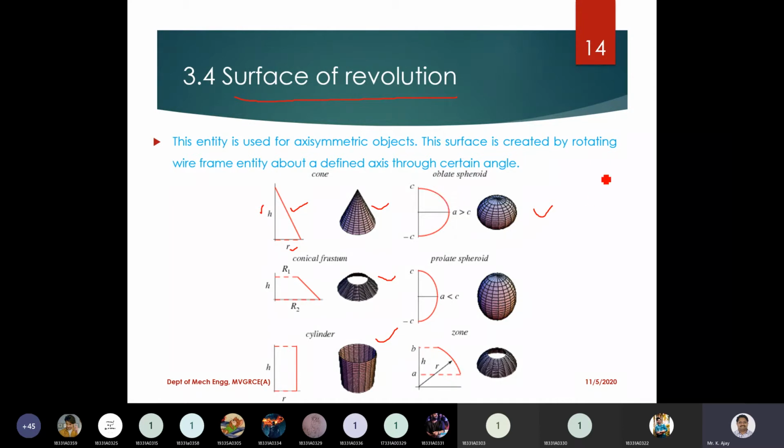If you take a semicircle and rotate 360 degrees about the diameter, then you get a spherical surface. Whereas instead of a semicircle, if it is part of an ellipse, by varying the major and minor axis, I can get half of the ellipse, right?